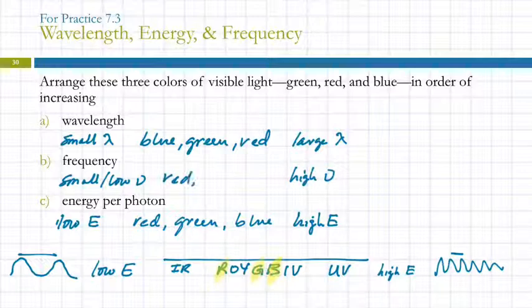So this is going to be red, green, blue. Are we ever going to have a situation where it's going to be like green, blue, red? No. Because green is between red and blue in wavelength, in energy, in frequency. Any questions?